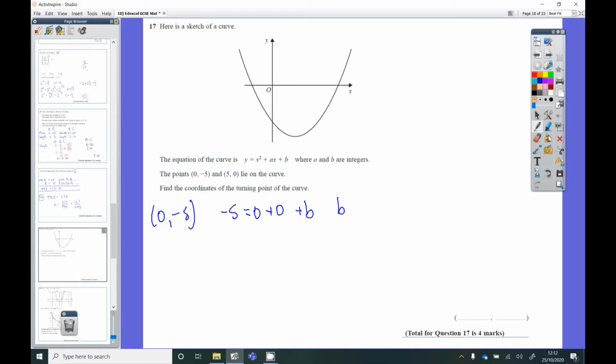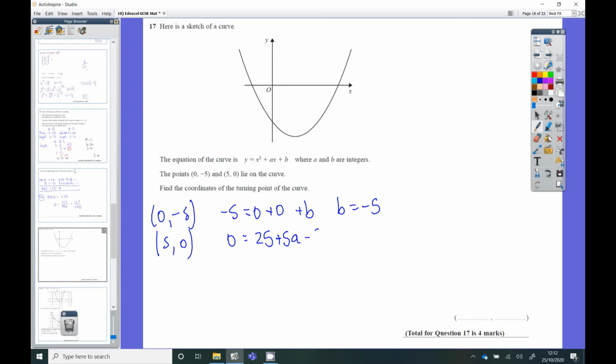Now let's consider the second coordinate that we know lies on the line, 5, 0. So when x is 5, y equals 0. So 0 equals 5 squared, which is 25, plus a times x, so a times 5, so that's 5a, and plus b, well, we've just worked out that b is minus 5.